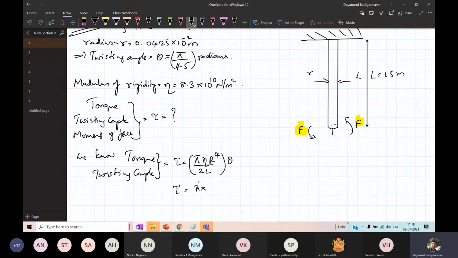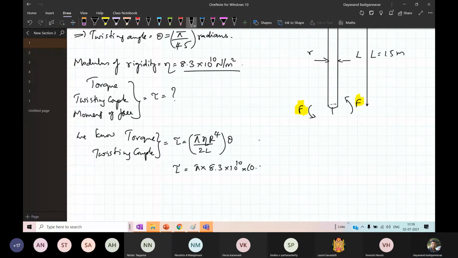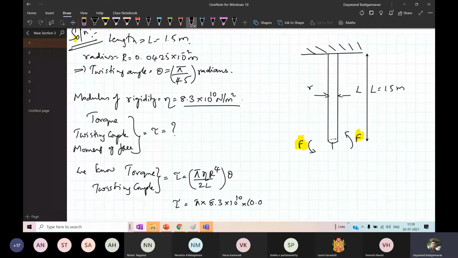So tau is equal to pi, eta is given as 8.3 into 10 to the power of 10, into r raised to 4, where r is the radius, 0.0425 into 10 to the power of minus 2 meters, the whole raised to 4, divided by 2 into length, which is 1.5 meters, into theta.